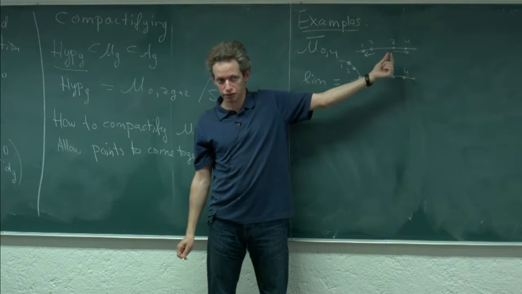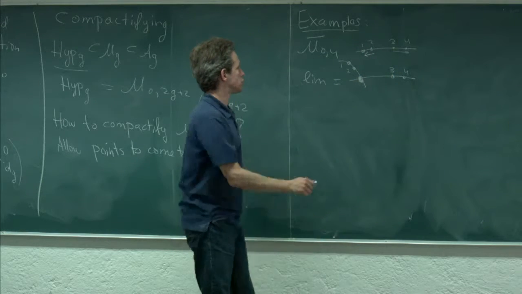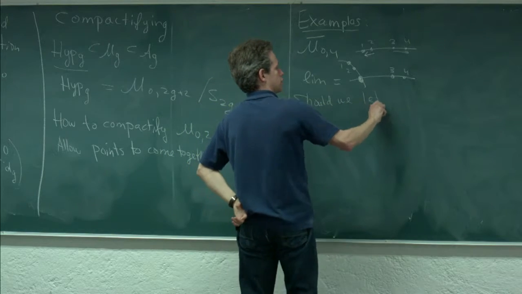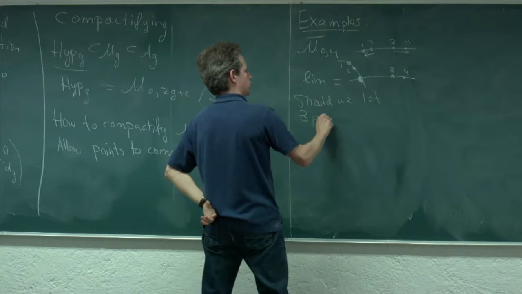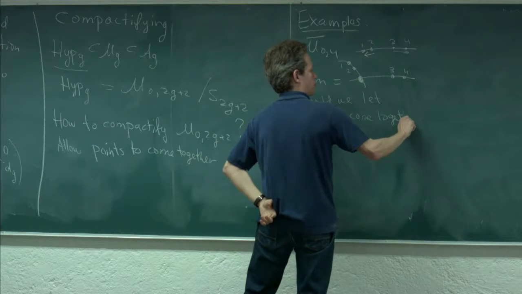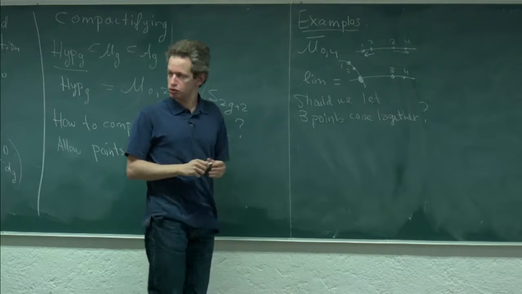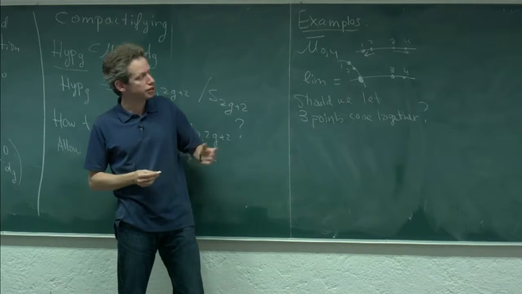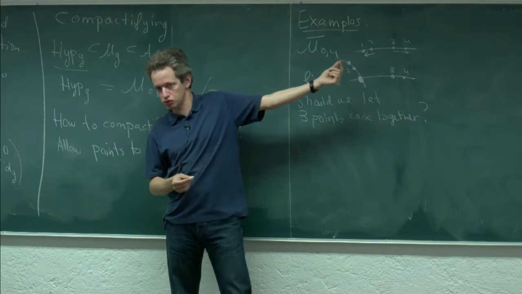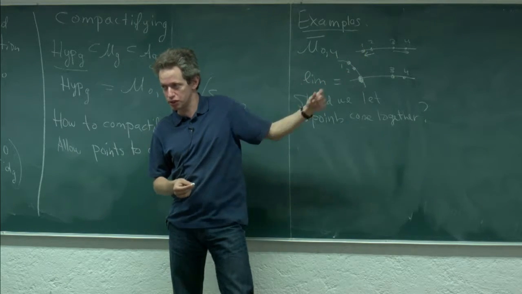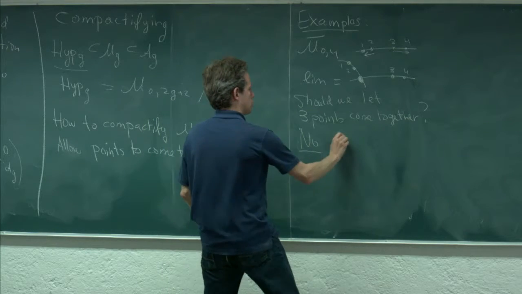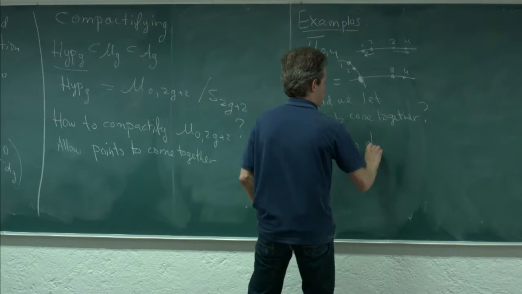And this method of thinking will tell you more. So you can ask here, should we let 3 points come together? Because in principle, you should worry that maybe you should, right? There are 4 points on P1. Yes, I have described the degenerations when 2 points come together. What about 3 points coming together? So the answer is no. We can always rescale.